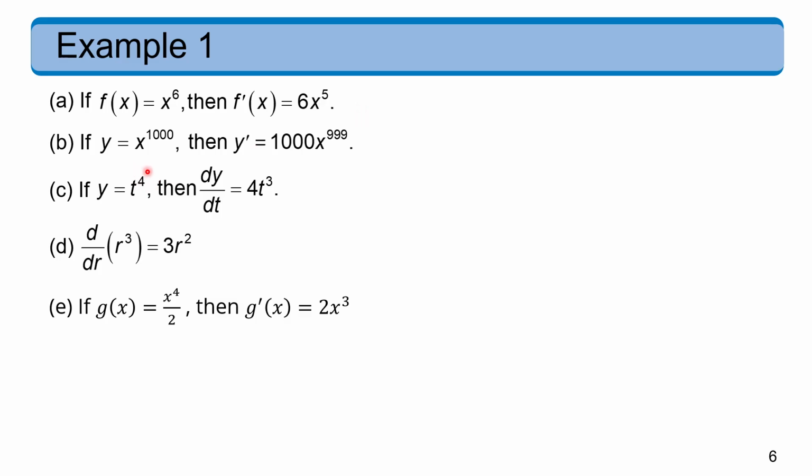Let's look at the next one, y equals x to the 1000. So we want to find y prime. You bring the 1000 down in front, reduce the power by 1, so now the power is 999. Third one, y equals t to the 4th, and this one we're using Leibniz notation. Notice it's dy over dt, right?